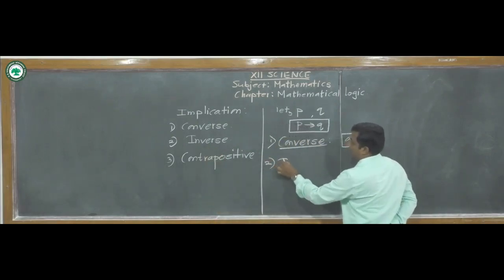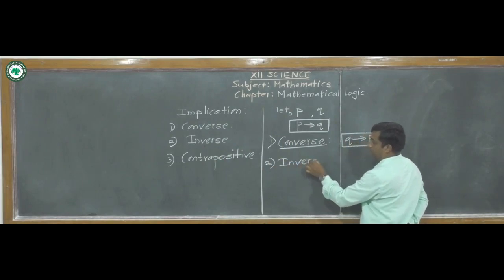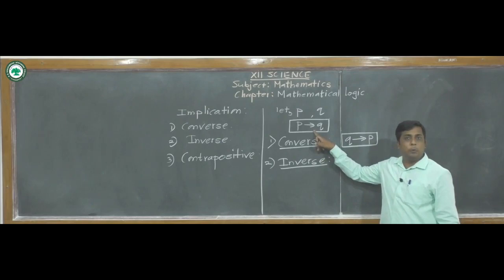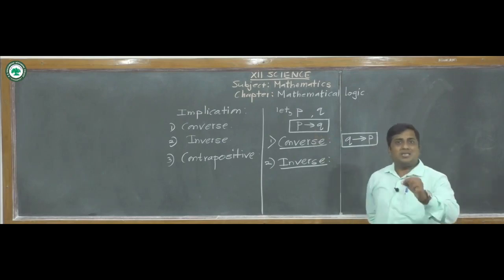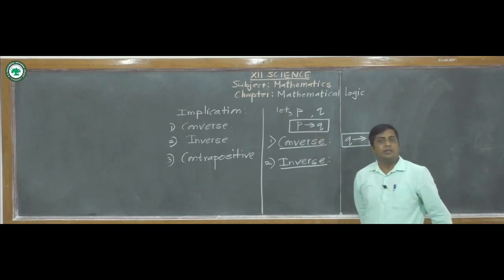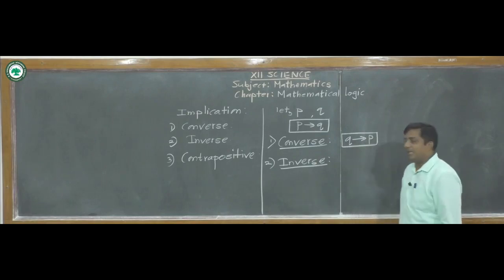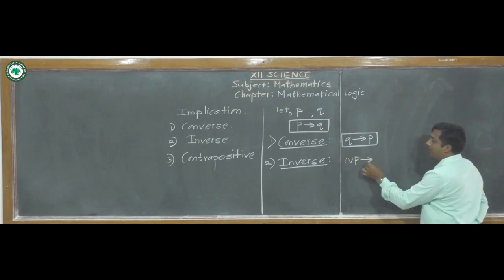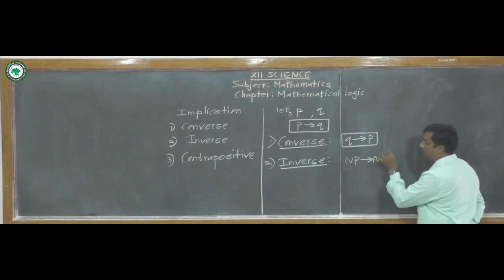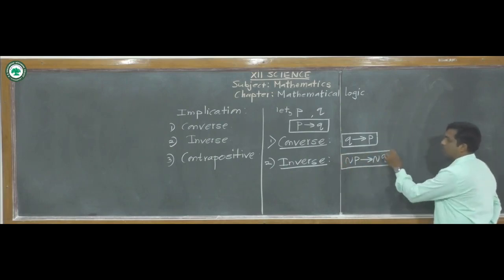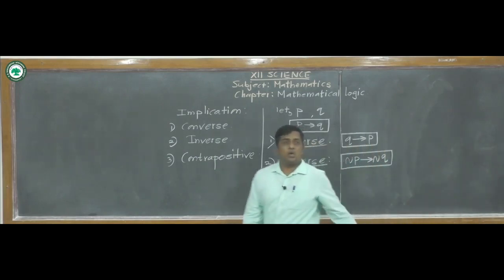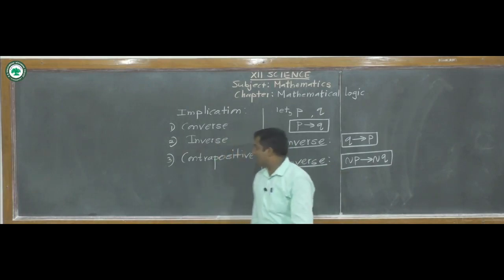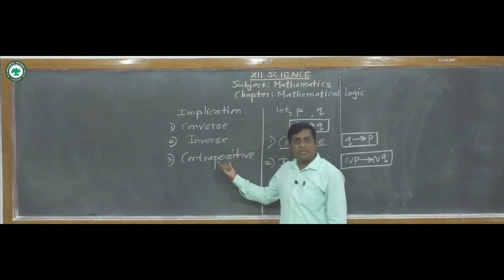To define the inverse, we consider this P implies Q. If P implies Q is the given relation, then its inverse is denoted by using negation of P implies negation of Q. Remember this also.